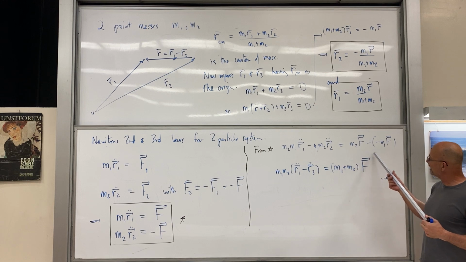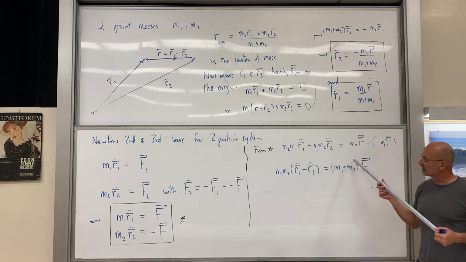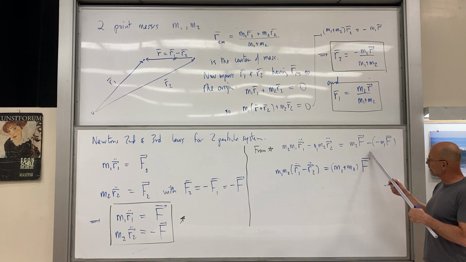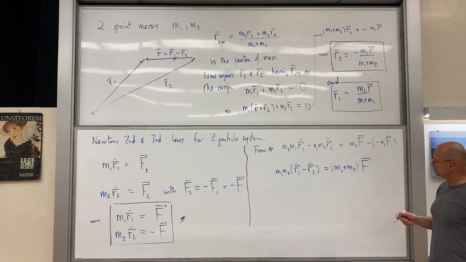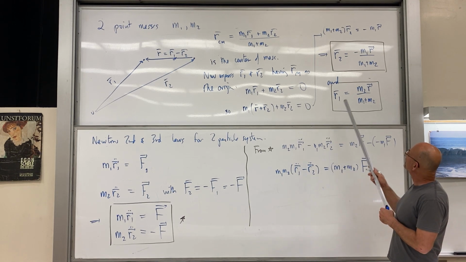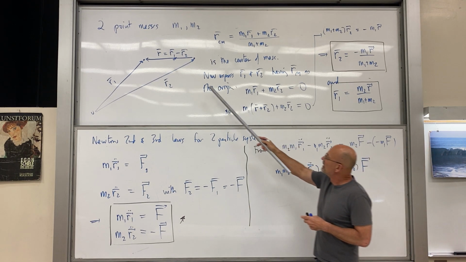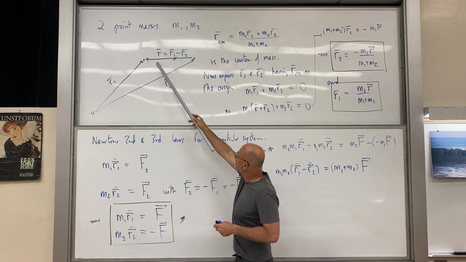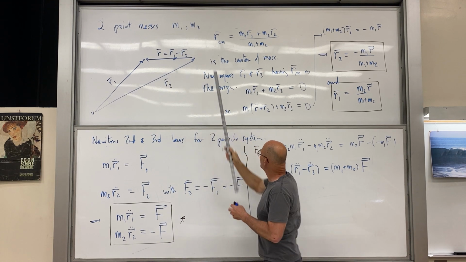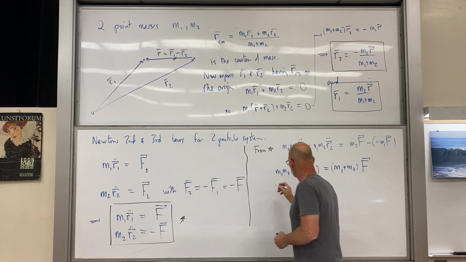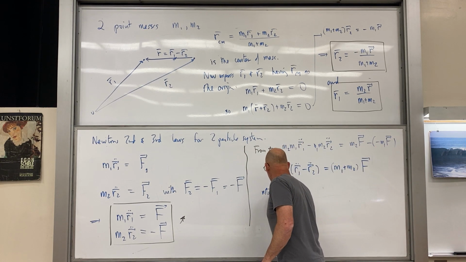I haven't actually made use of the fact that it's a central force yet. I was about to, but I just held off. So it's just the equal and opposite force. But here's the interesting thing. We now have this difference vector. Here we go. So this r is r1 minus r2, so its second time derivative is the difference of those two second time derivatives. So I'll just note that just so it doesn't get lost in the mix.